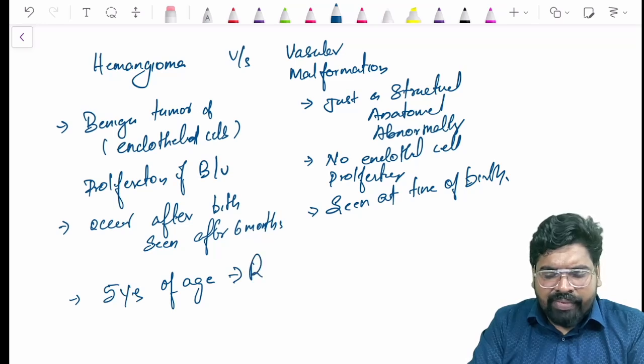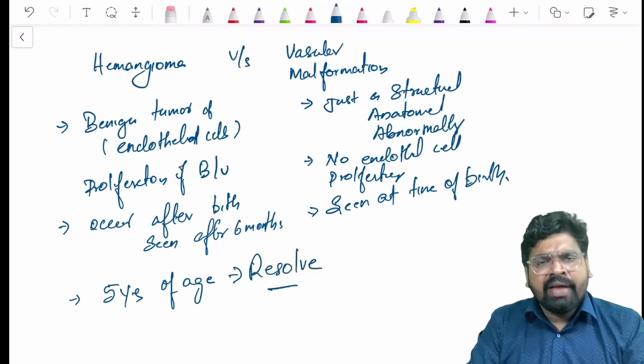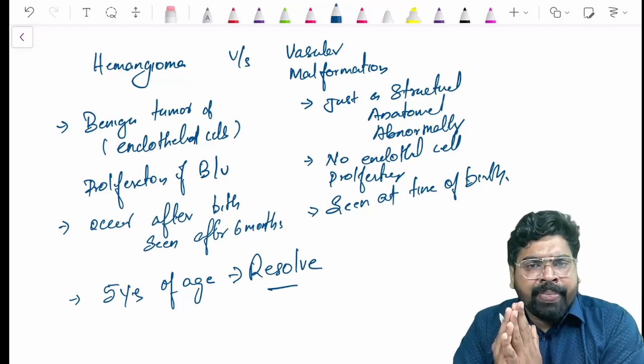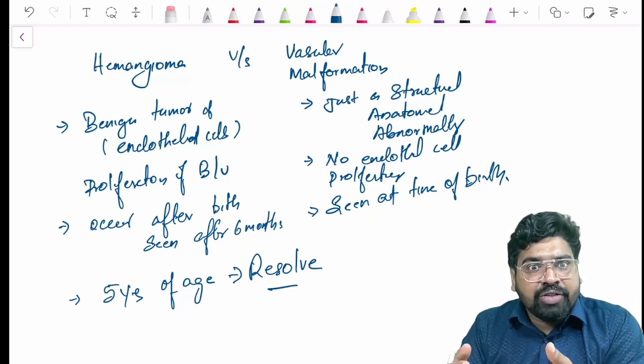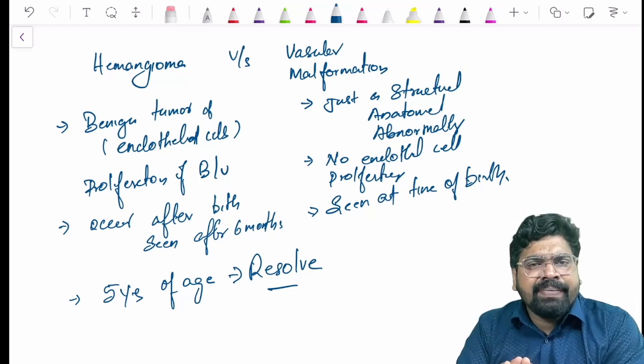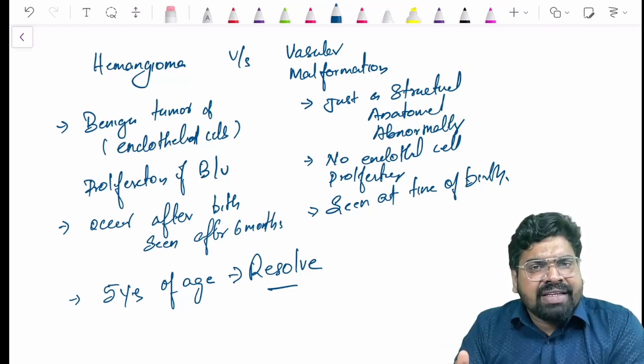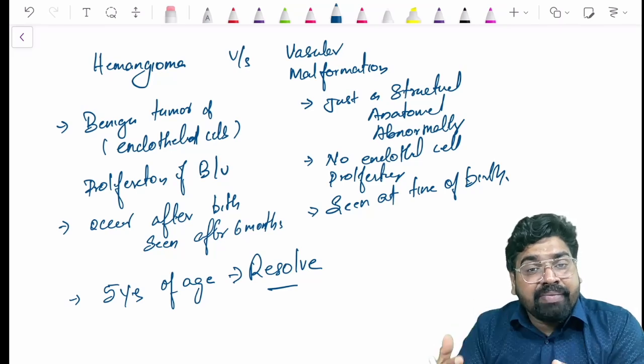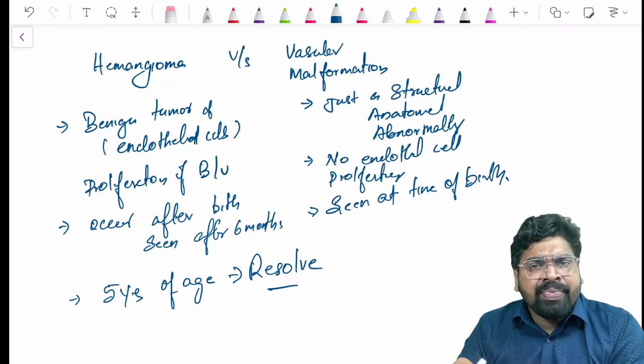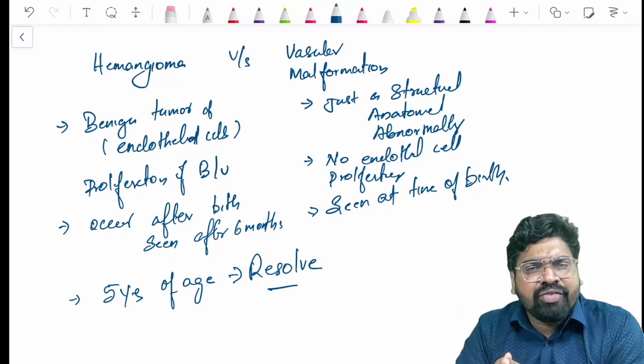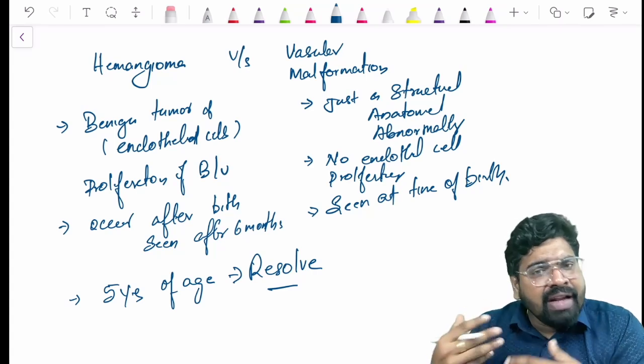That is a feature of hemangioma. Hemangioma is a benign lesion, mainly seen in childhood, from 3 to 6 months of age, with endothelial cell proliferation. It is a true benign tumor of endothelial cells, and it will resolve on its own.